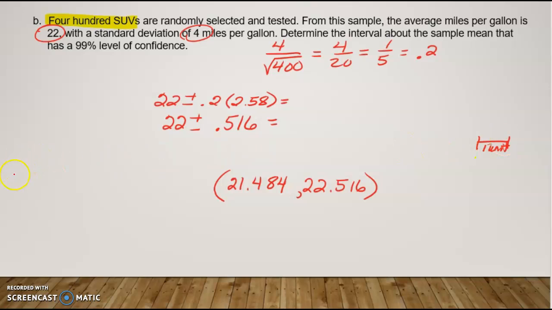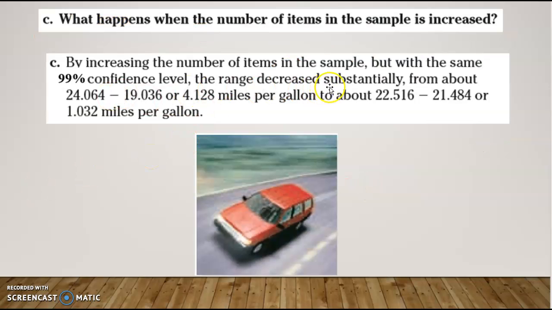So you have narrowed it down quite a bit by increasing your sample size, which is what this tells you. By increasing the number of items in the sample, but with the same confidence level, the range decreased substantially from about 4 units to about 1 unit. So you definitely narrowed in on containing the true mean.